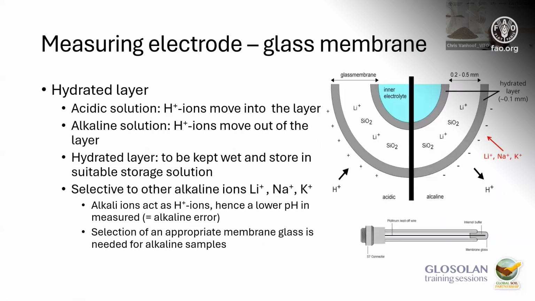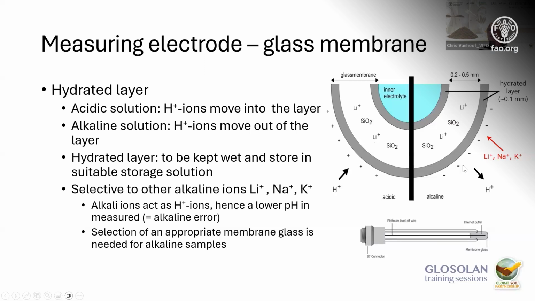As I described, you have a measuring electrode where at the bottom there is a glass membrane. And this glass membrane is composed of a hydrated layer. It's shown in here. And this glass membrane is immersed into the solution. If you have an acidic solution, then the hydrogen plus ions will move inside this layer.